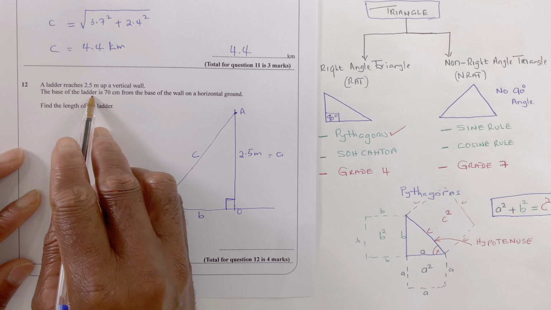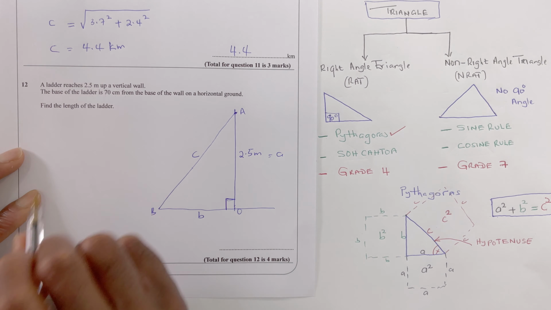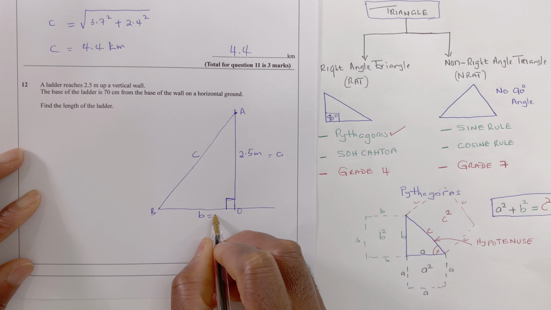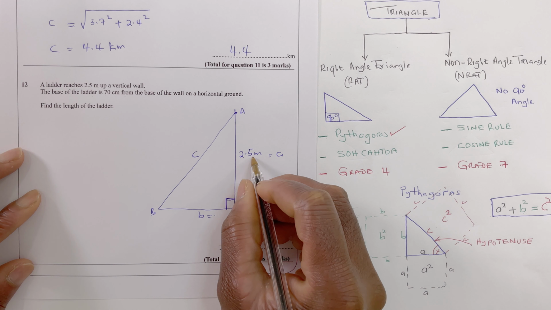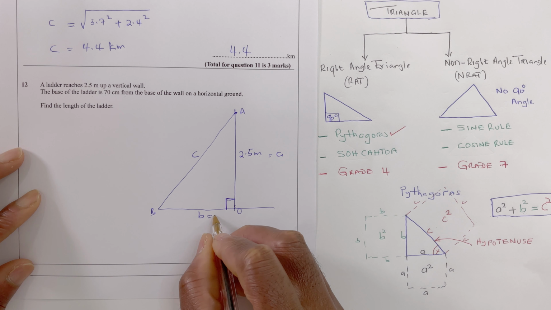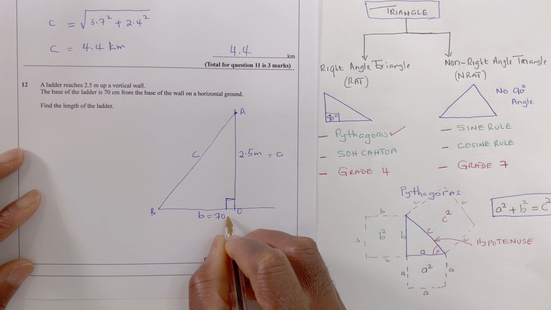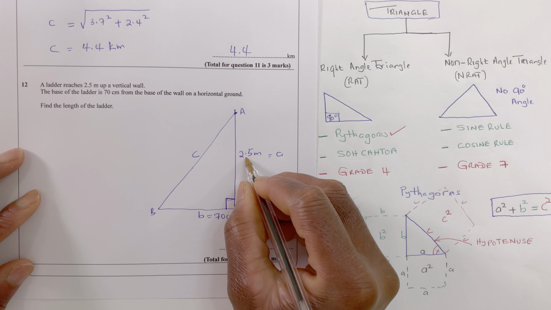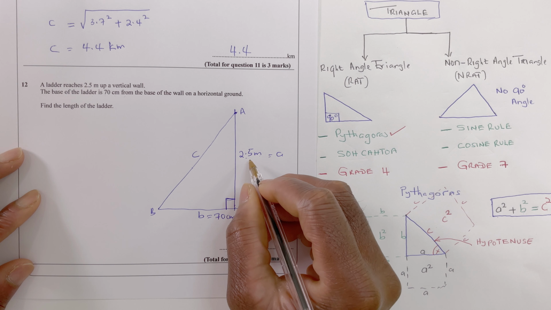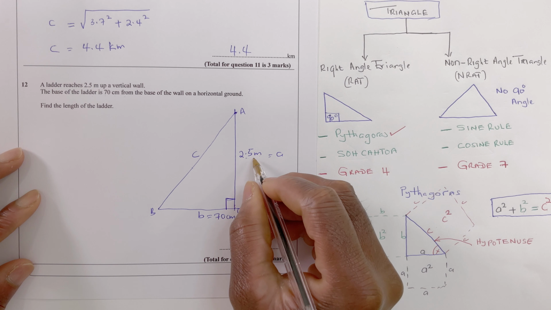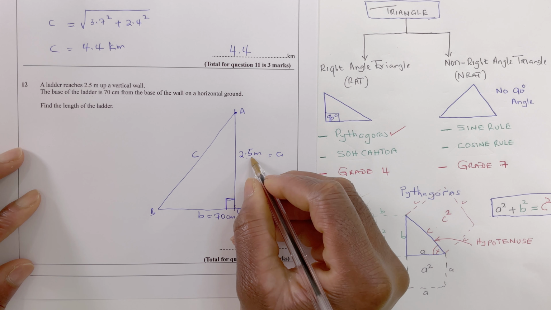So the base of the ladder is 70 centimeters. Well, B is 70 centimeters, but I've got the height in 2.5 meters. I could write that in meters, but I have to change it to centimeters. Well, 2.5 meters converted to centimeters, you multiply by 100.